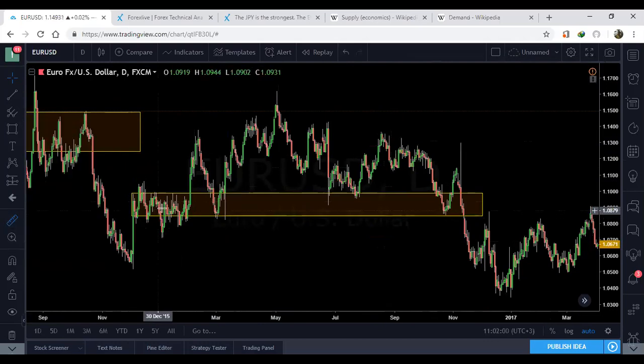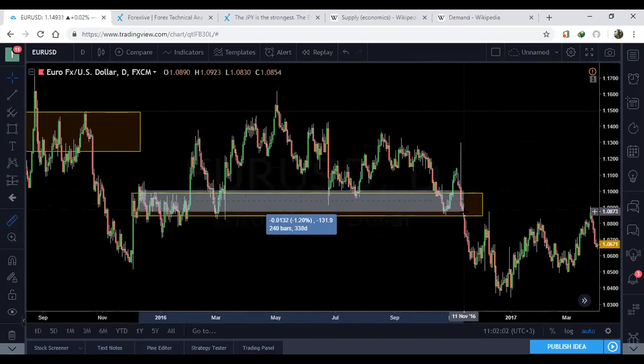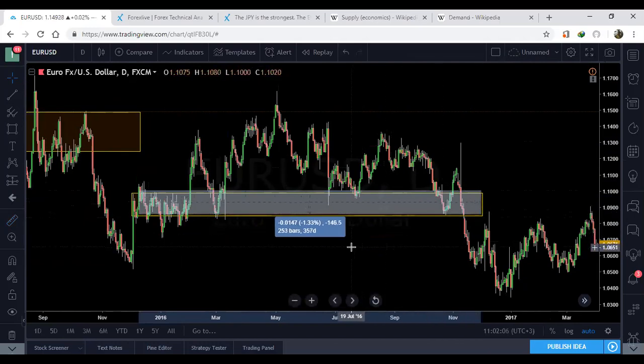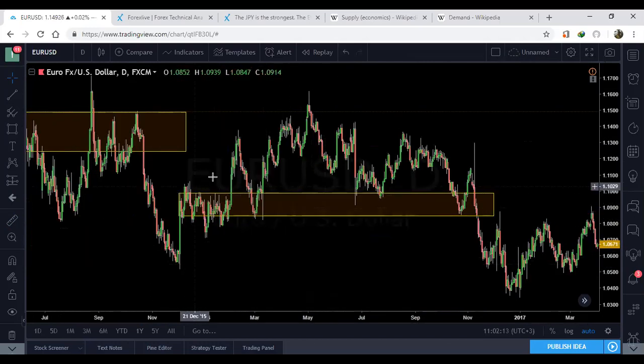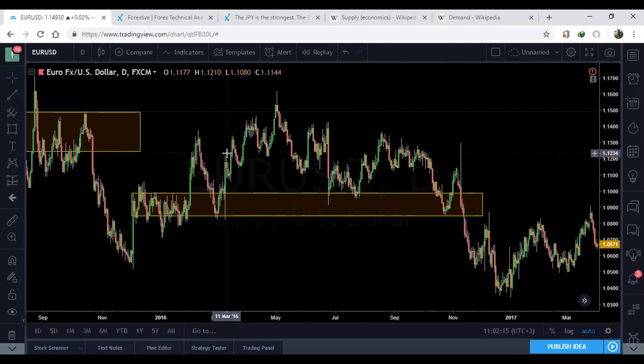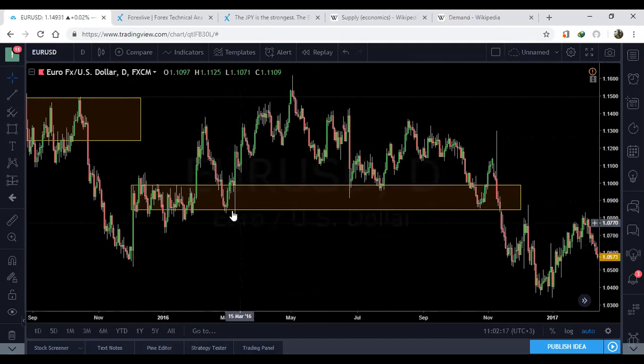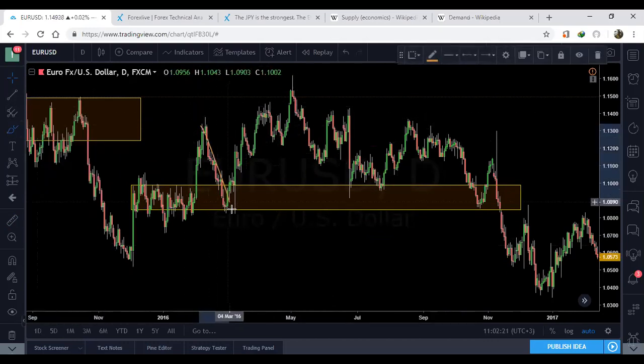It held for about 357 days. It's another whole year. Another whole year, this area was an area of demand. When the price came here, the big institutions just bought more. No one was selling anymore here.